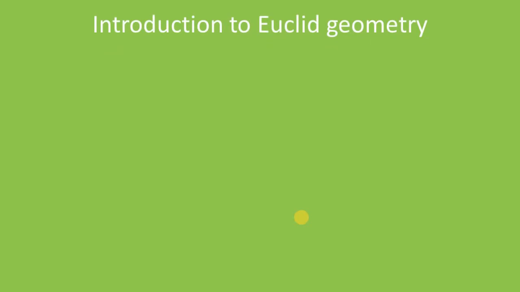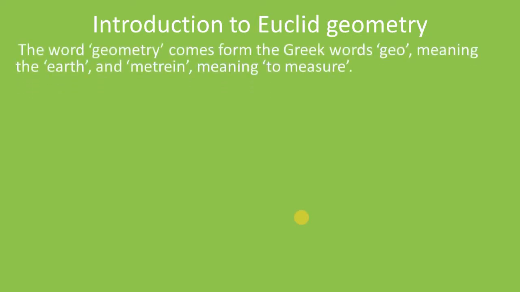Let us go to the introduction to Euclid's geometry. The word geometry comes from the Greek word geo, meaning the earth, and metrin, meaning to measure.